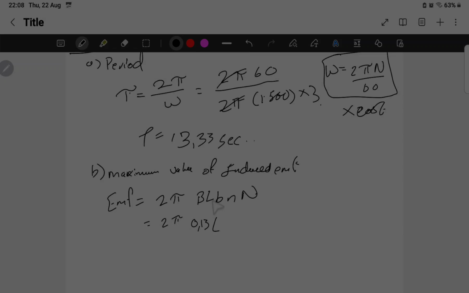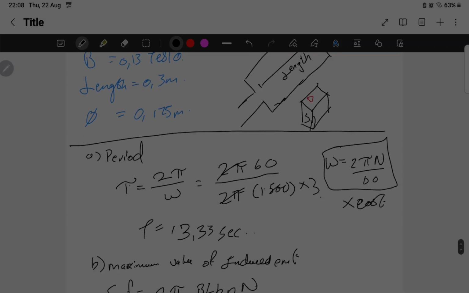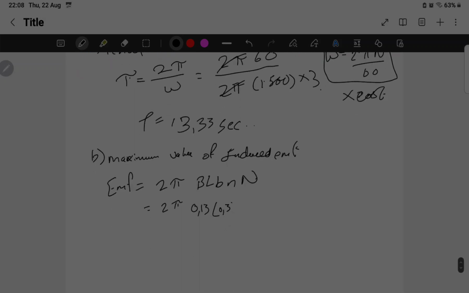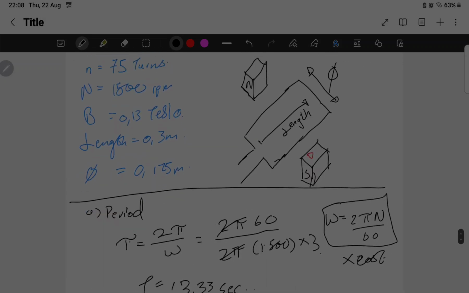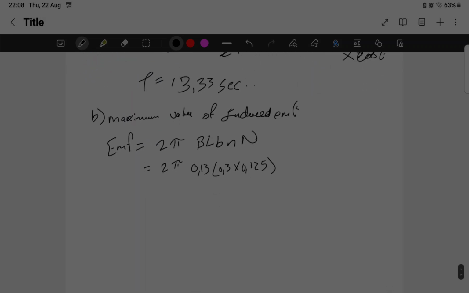L is for the length, 0,3. B is the width, which is multiplied by 0,125, and then N is RPM, and N is the number of turns. So we have 75 turns and 1500 RPMs, and our answer here is V is equal to 57,43 volts.